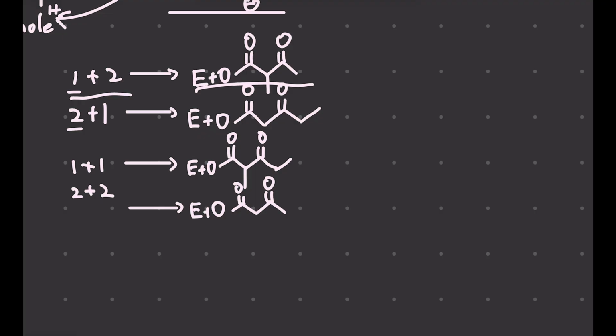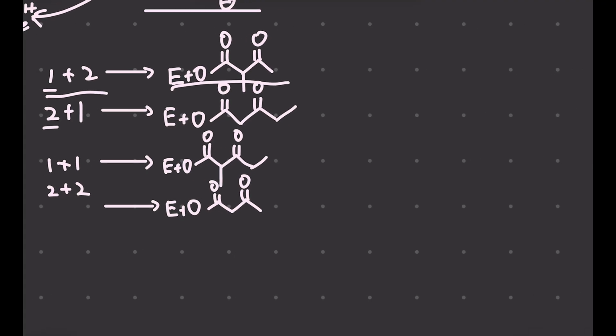Next, let's talk about the hydrolysis and decarboxylation of our products, beta keto esters. Let's not pay attention to these two.